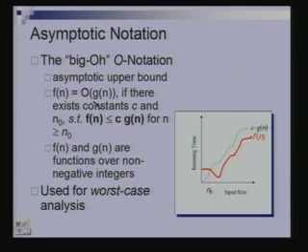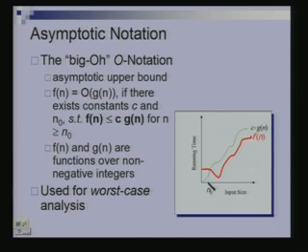and we say that f of n is big O of g of n if there exist constants c and n naught, such that f of n is less than c times g of n for n larger than n naught. So what does all of this mean? I have drawn two functions here. The function in red is f of n, and g of n is some other function. This function in green is some constant times g of n.